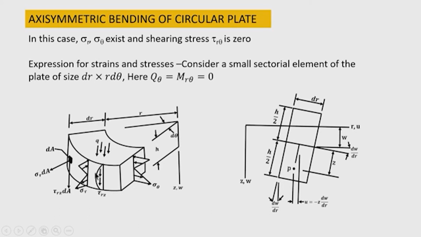It will have a parabolic distribution, and it is neglected in our thin plate theory. So, in the axisymmetrical condition, tau r theta is not to be considered, only the stresses sigma r and sigma theta are of importance. h is the thickness of the plate. This is demonstrated here. The stress distribution will be linear, but we will prove it later with the expression.